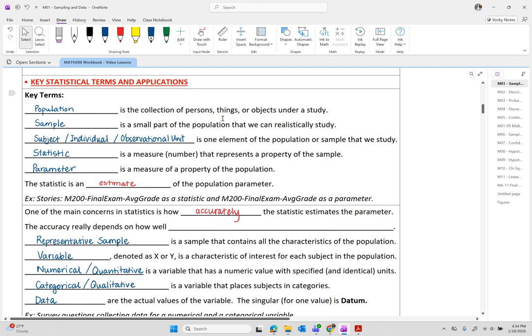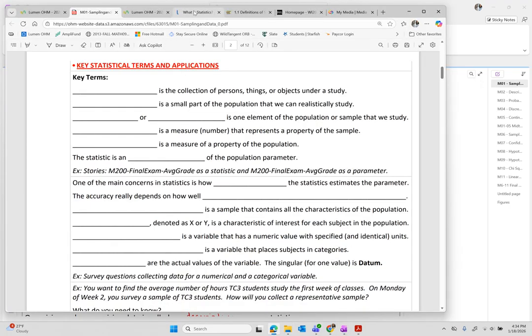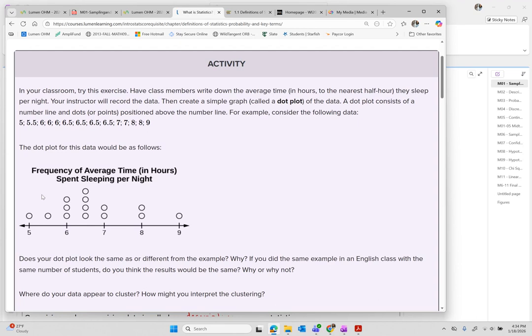In the case of sleep hours, would the average of sleep hours for this group be an accurate estimation of the average of sleep hours for all students at the college? Would the average of this group of students be adequate or accurate for representing the population parameter?